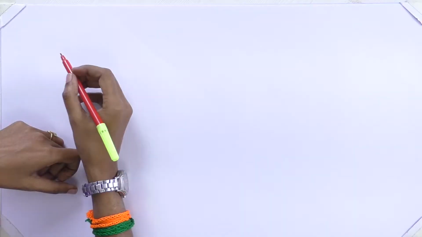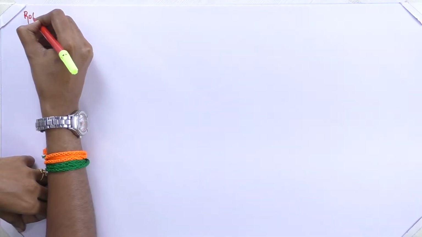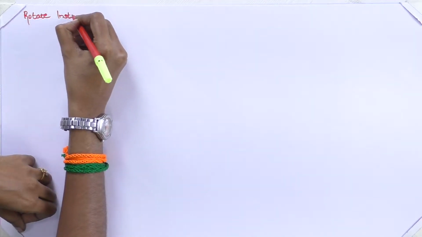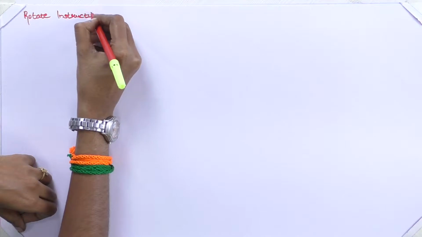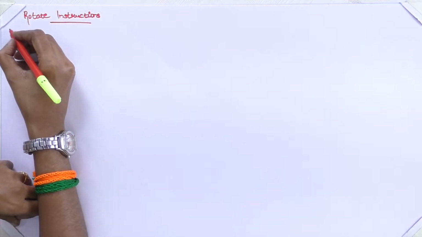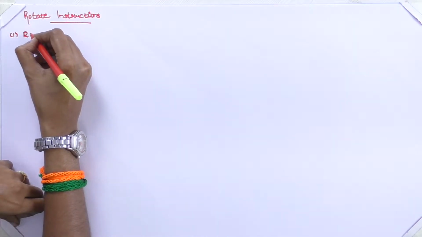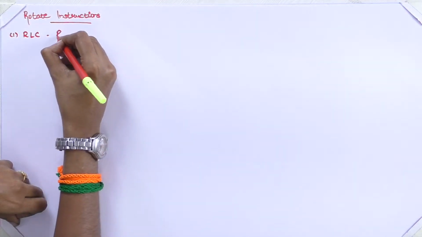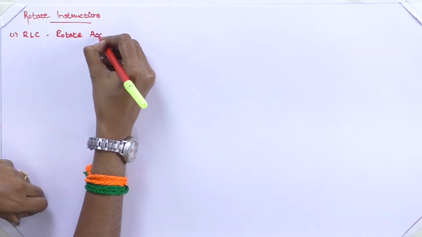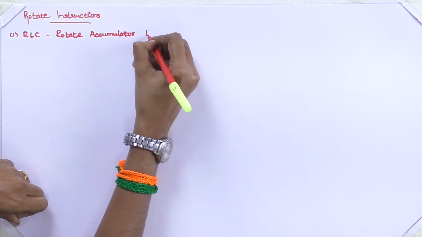So the first instruction is RLC, which is nothing but rotate accumulator left.